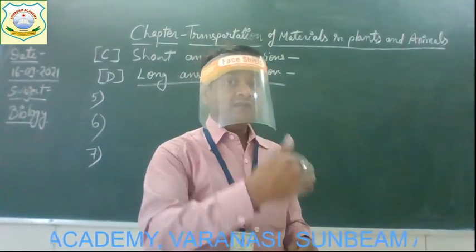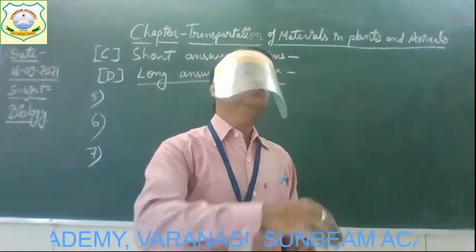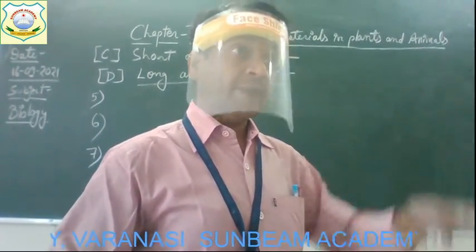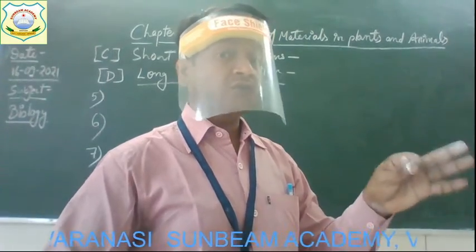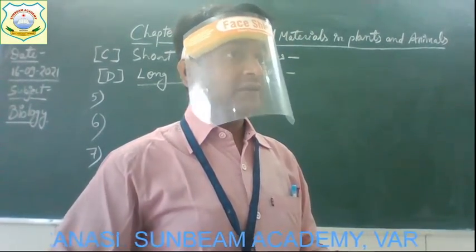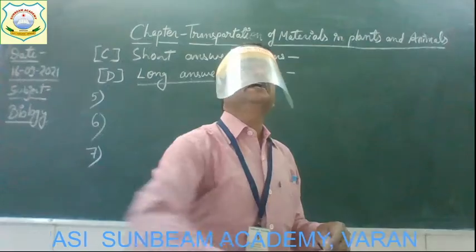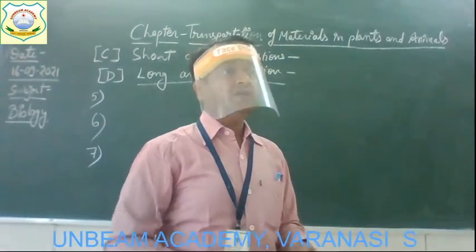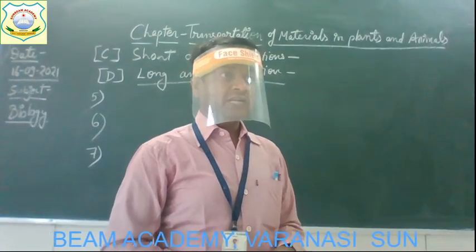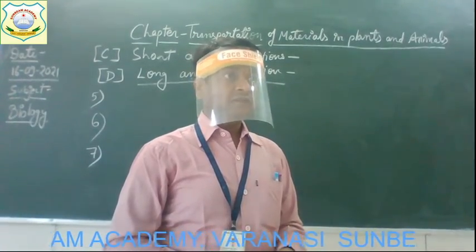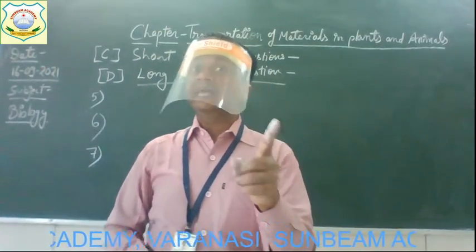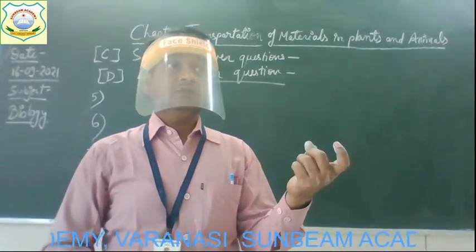And again it is sent to all the parts of the body. So this is the path of movement of blood, or circulation of blood. And this process is repeated again and again. It means it is a continuous process which is going on in our body. Get it? Understood now? And the diagram you know very well, so you must draw the diagram if not drawn.